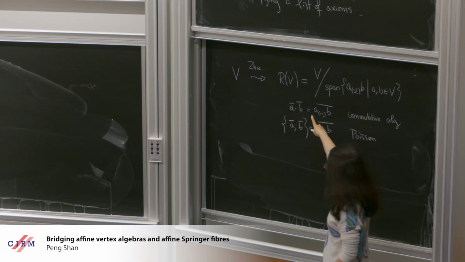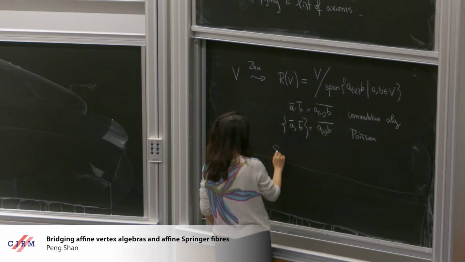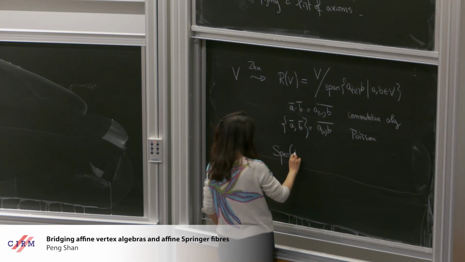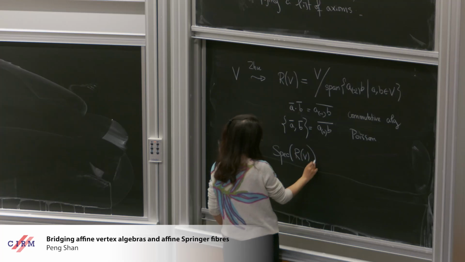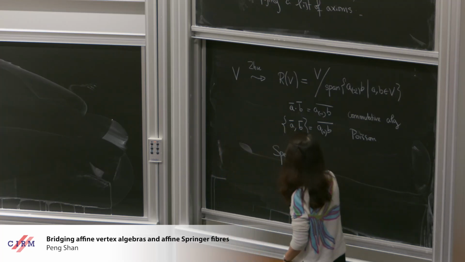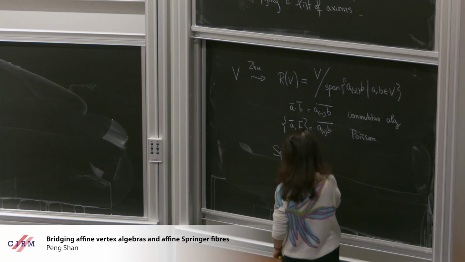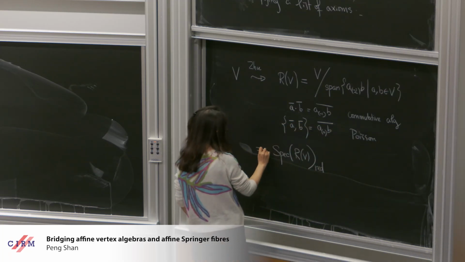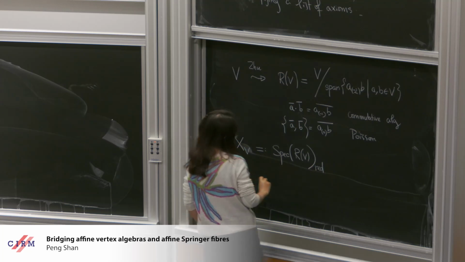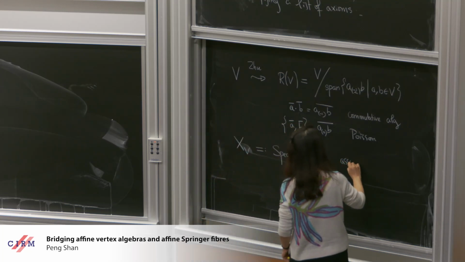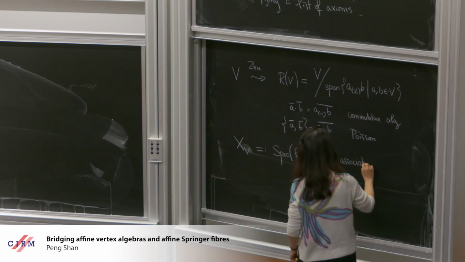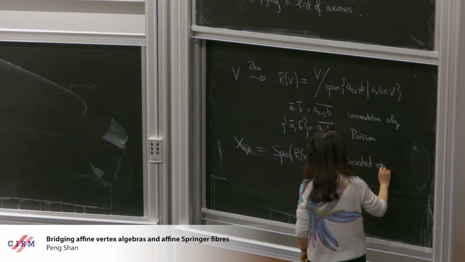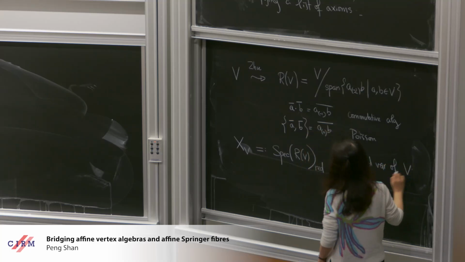In particular, you can take the spectrum of this commutative algebra. For our purpose, we will just be interested in the reduced structure, so I always consider the reduced scheme associated to this, and I'll call it X_V. This is the associated variety of the vertex algebra V.